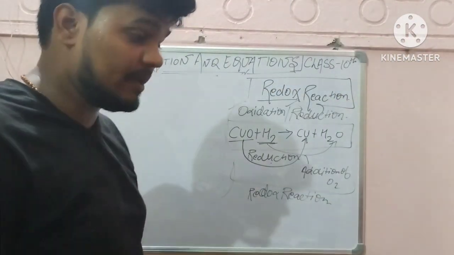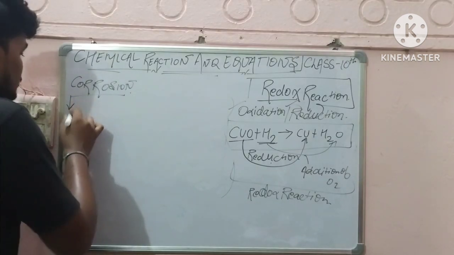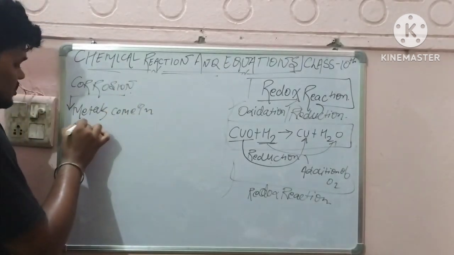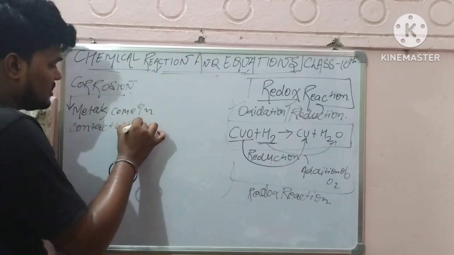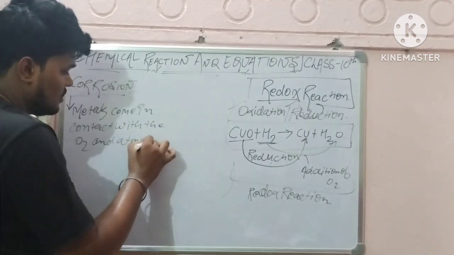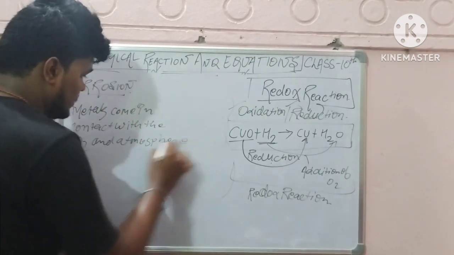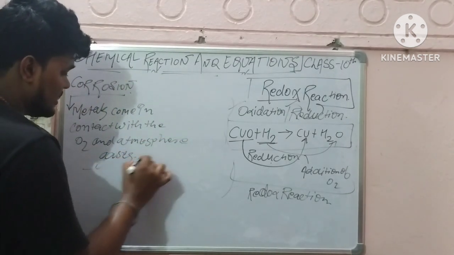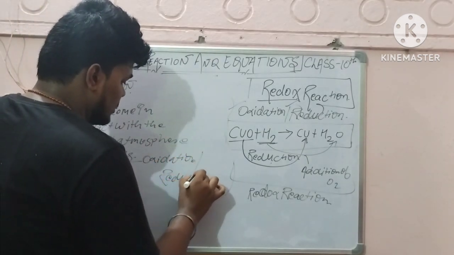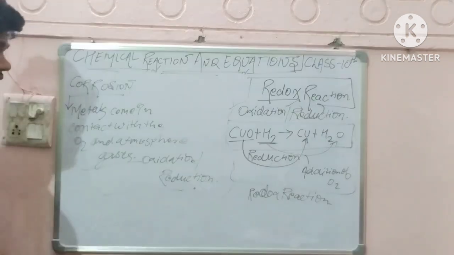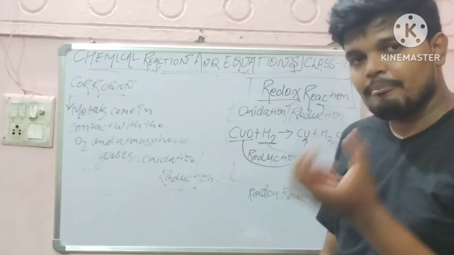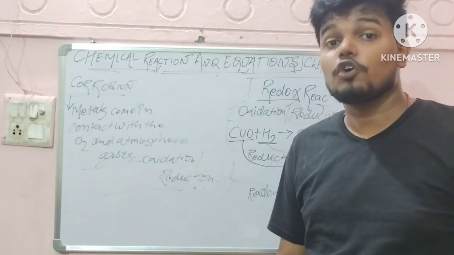Corrosion happens when metals come in contact with oxygen and atmospheric gases, then their oxidation and reduction process starts, and because of that the metals form a layer, that is called corrosion.